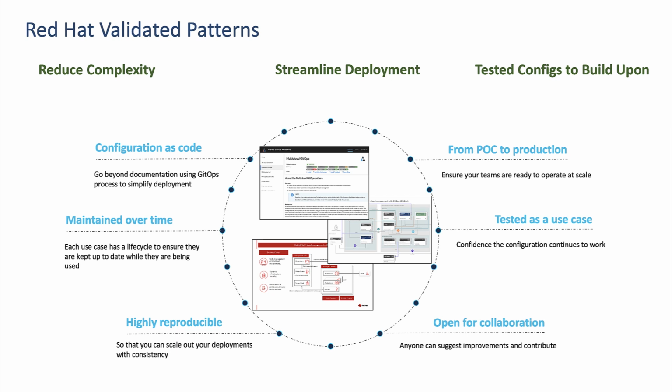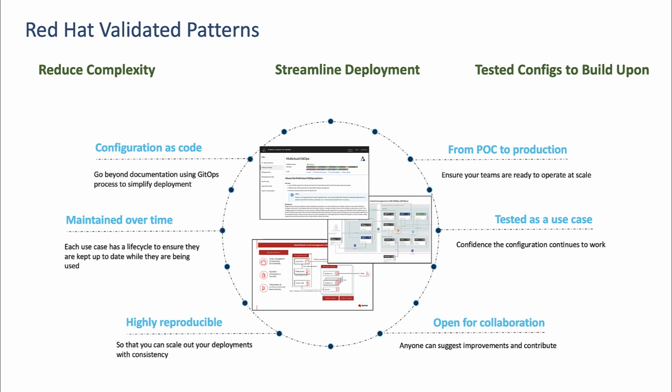The patterns include one or more applications that are based on successfully deployed customer examples. One of the primary benefits of using a validated pattern is that Red Hat maintains the configuration across product lifecycles. Red Hat ensures that these cloud-native technologies continue to work together as they evolve, so you can trust that the use case is going to work as intended.